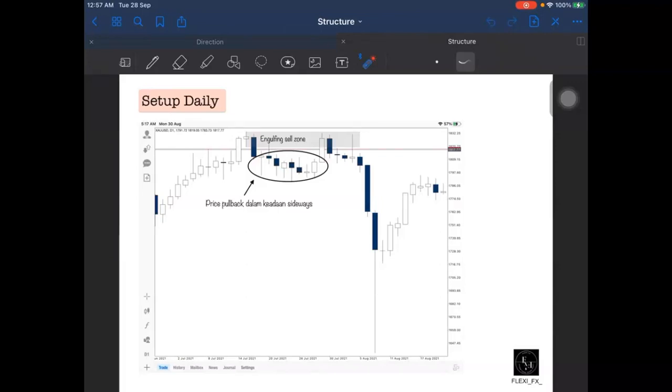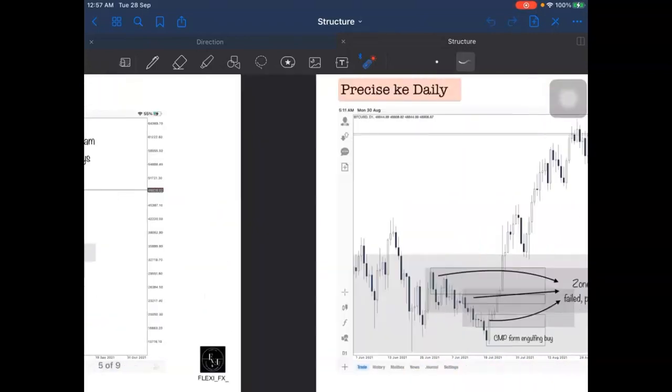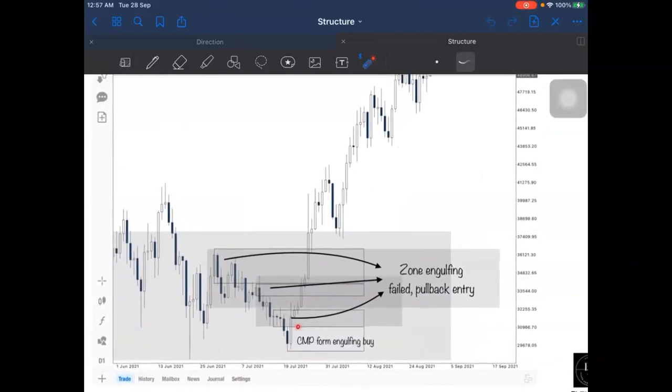But if you want to entry earlier, of course you can go to lower time frame, which is H4. If you wait for engulfing buy to be formed over here, you already miss entry, isn't it? So you will go to daily, see, engulfing buy over here. So you can entry earlier when you switch to lower time frame.